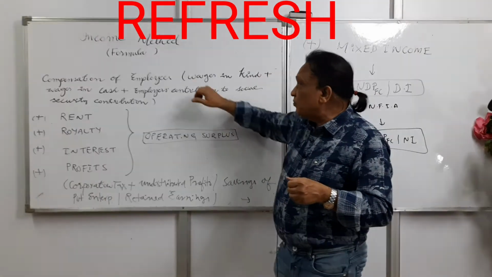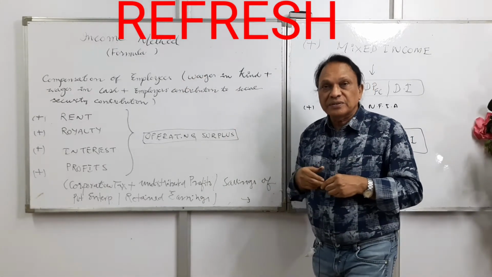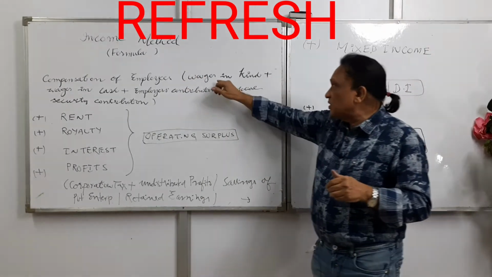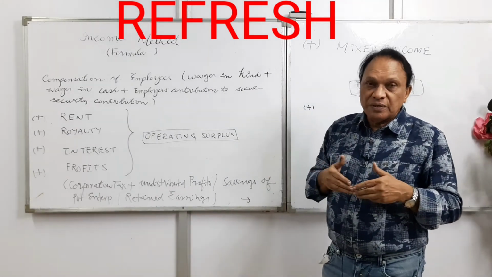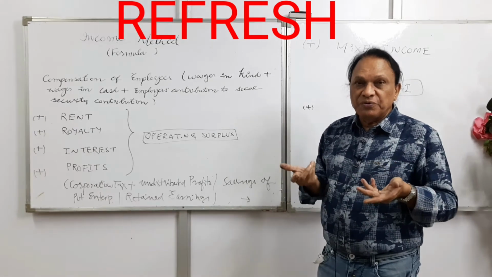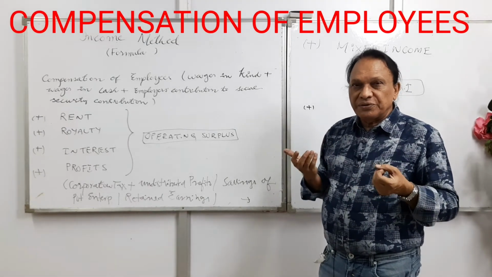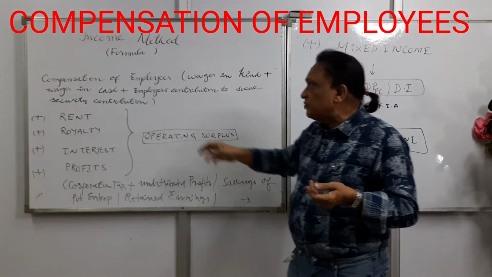In case they give you values separately, compensation of employees, you remember, has three components. One is wages in kind. Wages in kind can be free housing, free vehicle, free food, free clothing, free shelter, a lot of other facilities the firms provide you. Plus wages in cash.